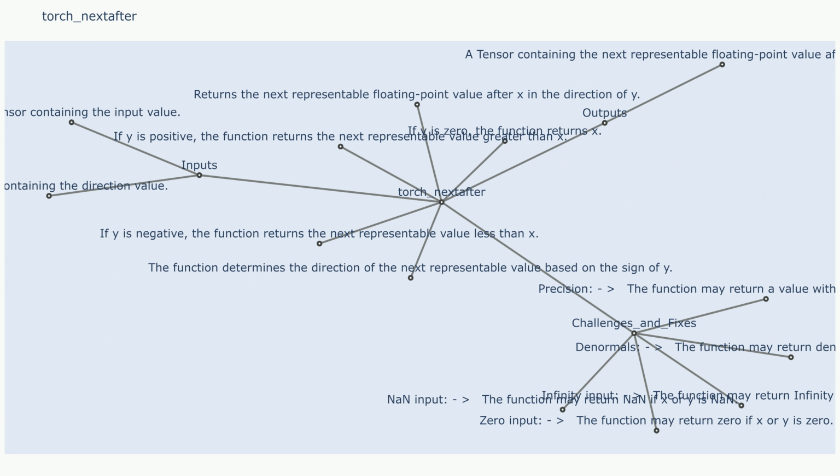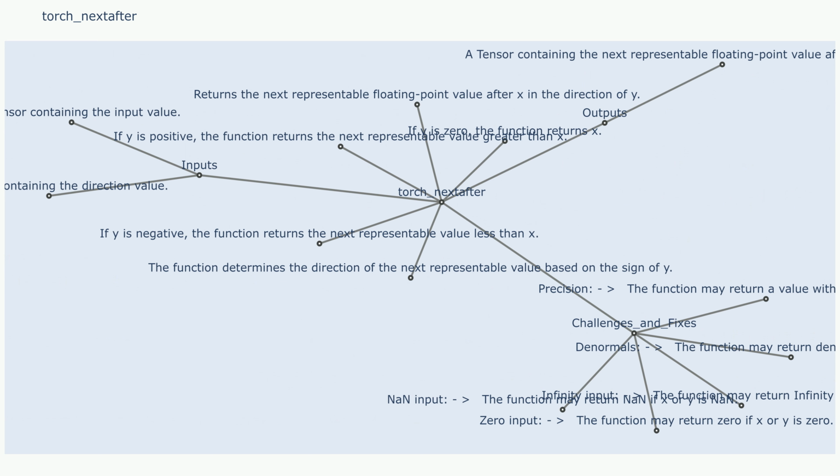This will be a floating point tensor with the same shape and data type as the input tensor x. Steps. The function first determines whether y is greater or smaller than x. Based on the determined direction, it calculates the next representable floating point number after x in that direction.